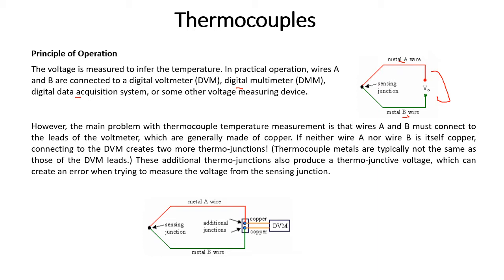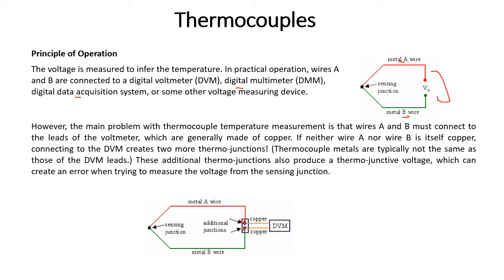However, there is a problem when you are connecting a digital voltmeter or multimeter at this point, because wires A and B must be connected to the leads of the voltmeter, which are generally made of copper. And if neither wire A nor wire B is itself copper, it creates two more thermojunctions here, as you can see, additional junctions.